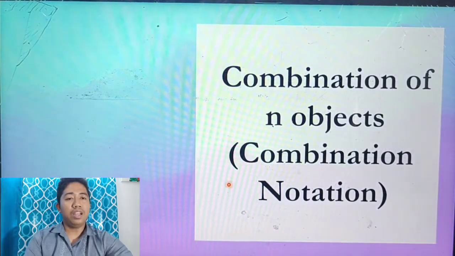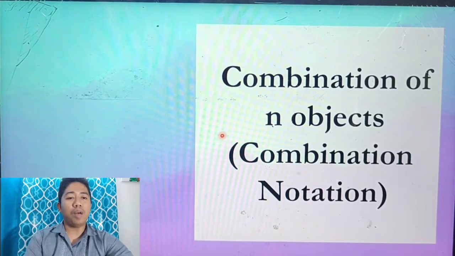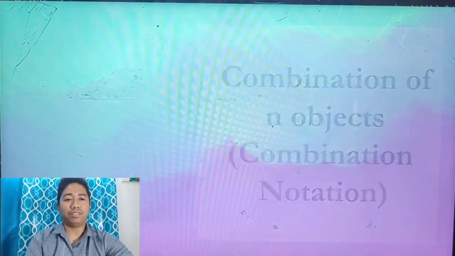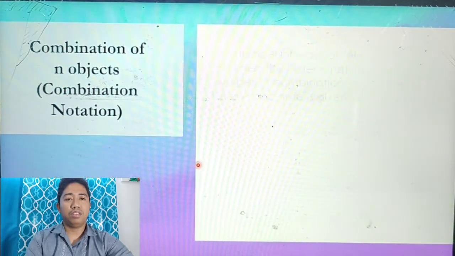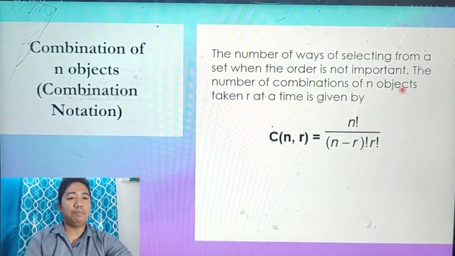Okay, today let us discuss the combination of N objects, where we are talking about the combination notation. It is the number of ways of selecting from a set when the order is not important.